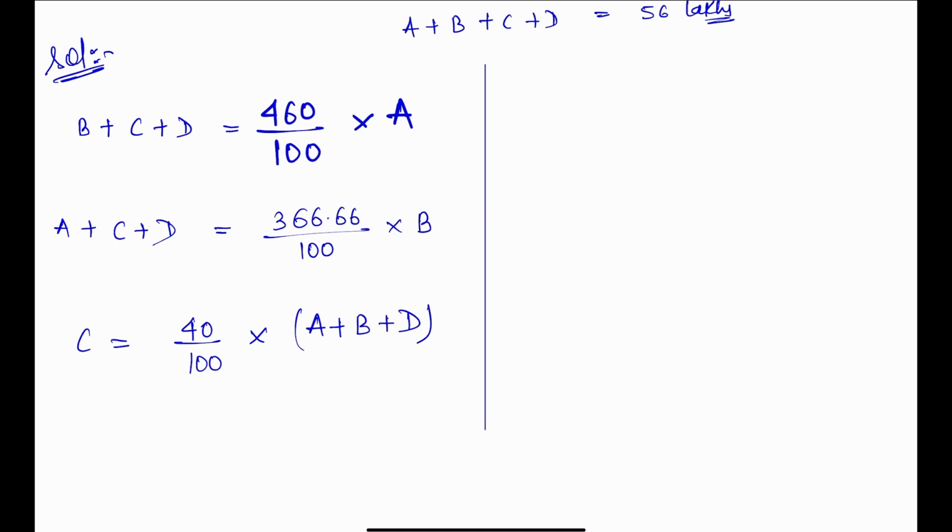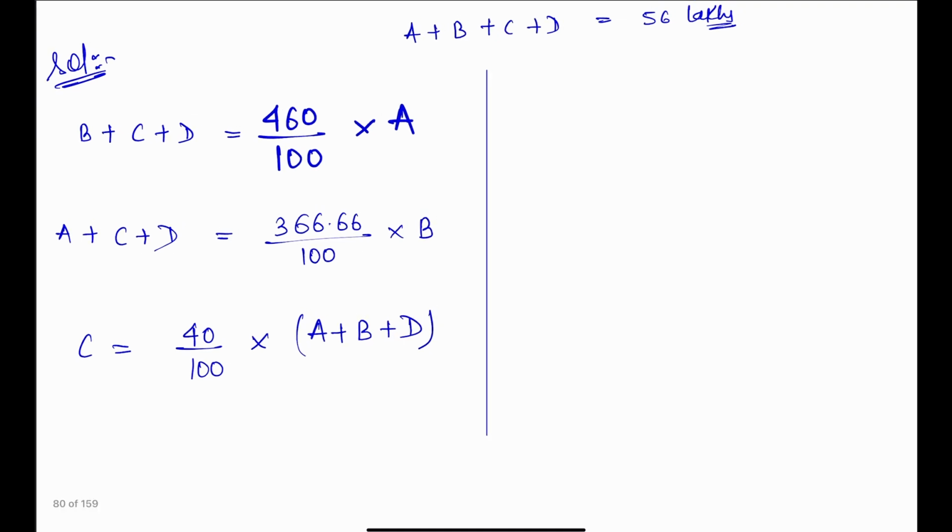A, B, D, A, C, D, four equations. How we disintegrate this question is the key. Even in my first attempt I could not do it, but later, after watching the solution, I learned the best approach is to write it in the form of fractions.